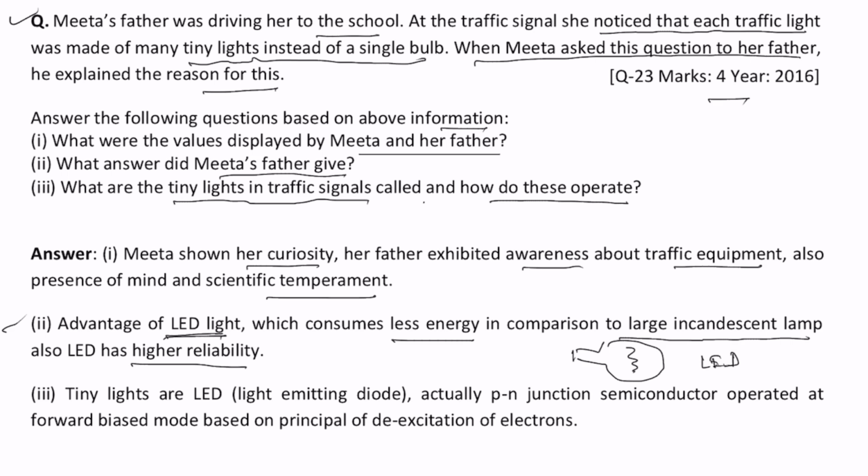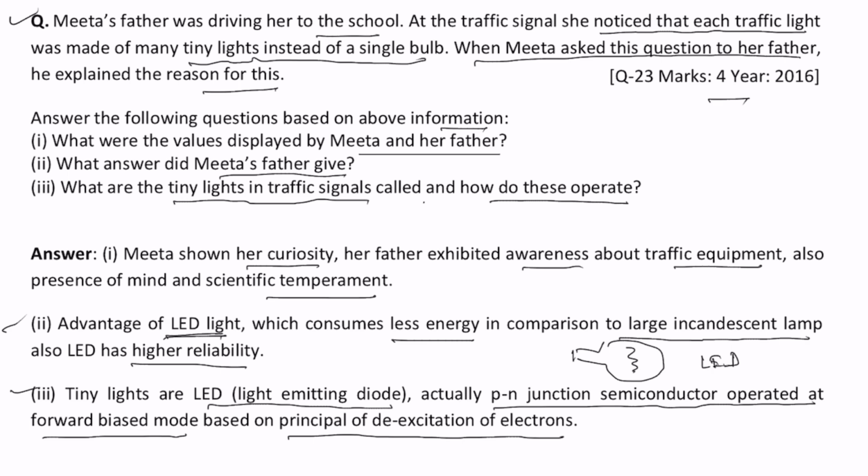Now these tiny lights are LEDs, light emitting diodes. Actually a PN junction semiconductor operated in forward biased mode, based on the principle of de-excitation of electrons. We can apply a PN junction either in the reverse bias mode or forward bias.